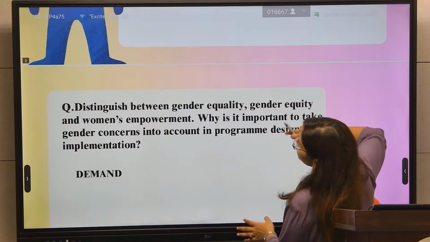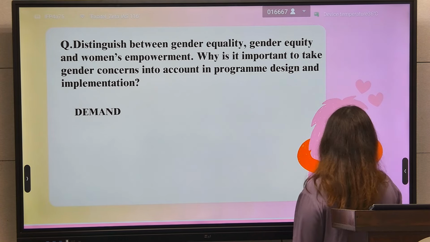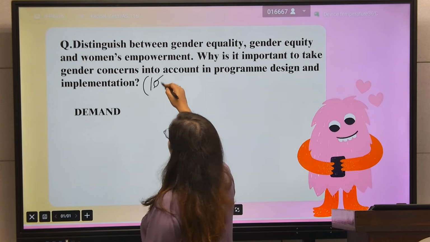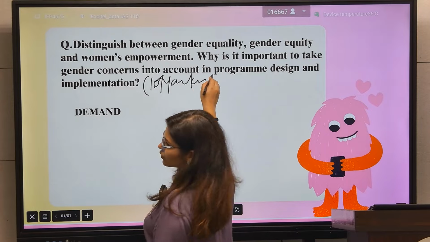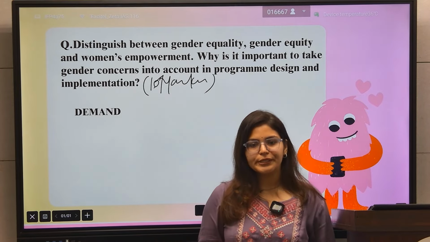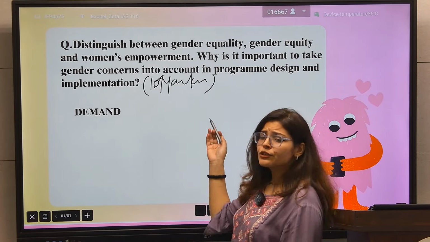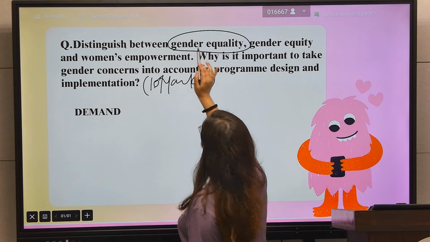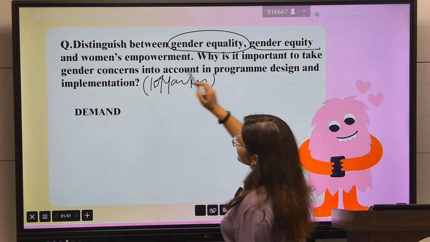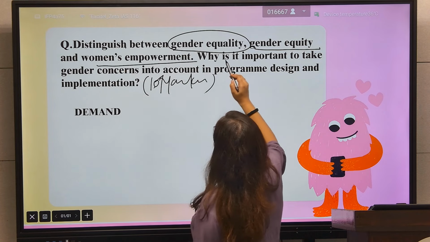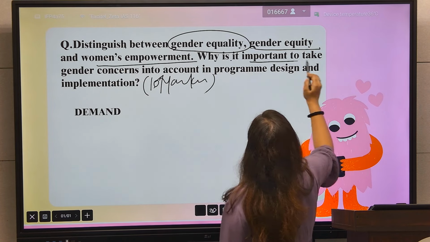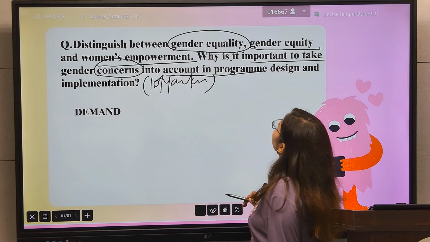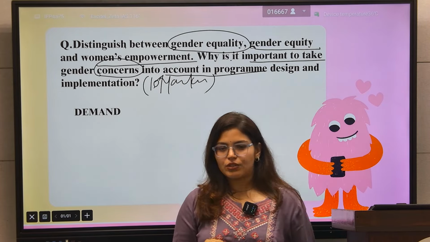So let's begin our first question. We are beginning with a 10 marker question that UPSC asked in 2024. The question says: distinguish between gender equality, gender equity and women empowerment. Why is it important to take gender concern into account in program design and implementation?